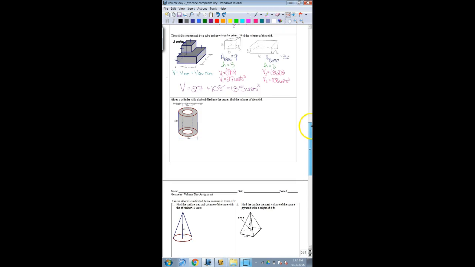For the next problem, we are looking at a cylinder with a hole drilled out of it. My plan is going to find the volume of the whole cylinder and then subtract out the volume of the smaller inside cylinder.